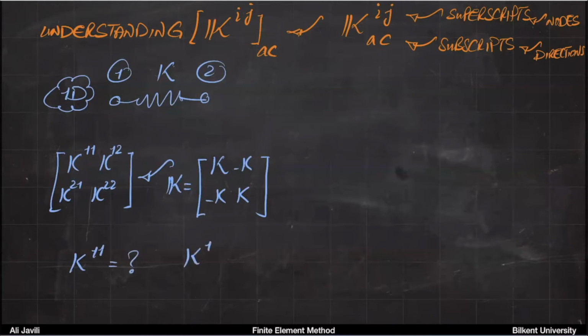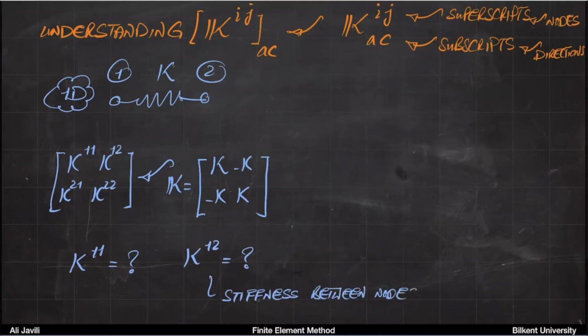If we think what is the meaning of K12, you may say this is the stiffness between nodes 1 and 2. Okay, that's all right. That's a good explanation of what it is. But again, the physical concept is still kind of missing.